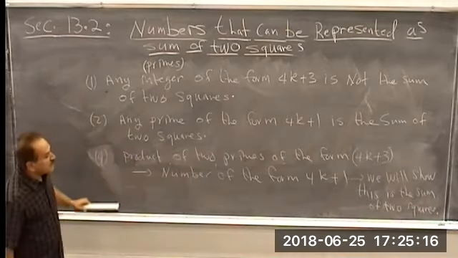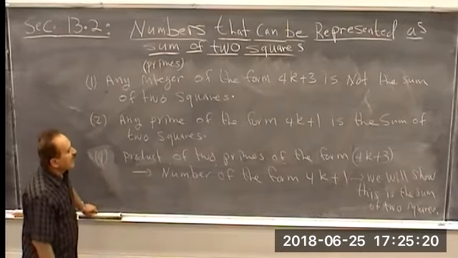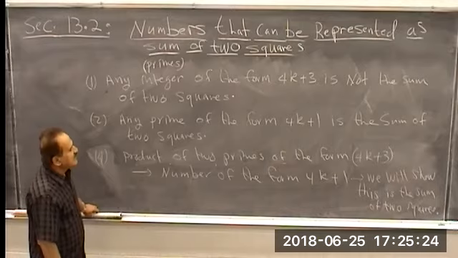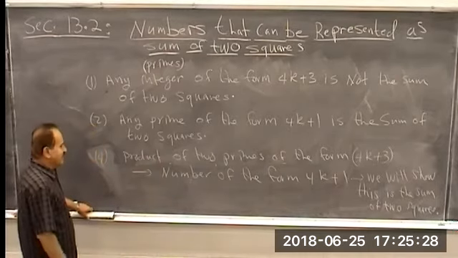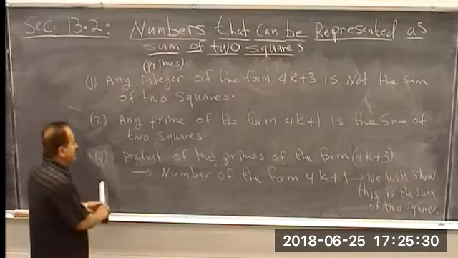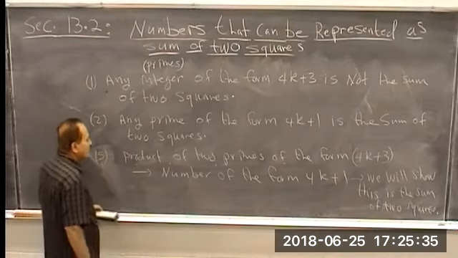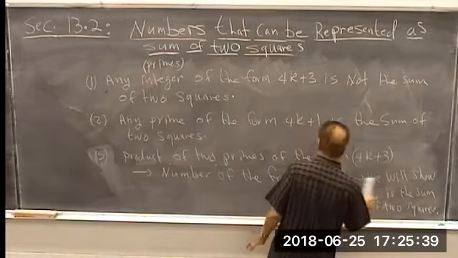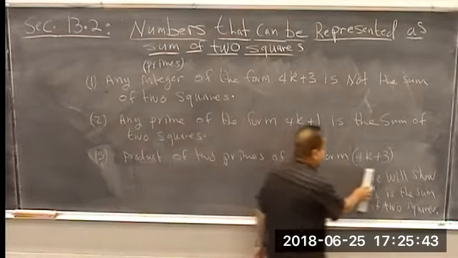So this 4k plus 3 must appear in even form, or doubles, basically. The fifth situation is when we have the product of 2 primes, 1 of the form 4k plus 1, the other 4k plus 3. All right, let's see what that one will be.